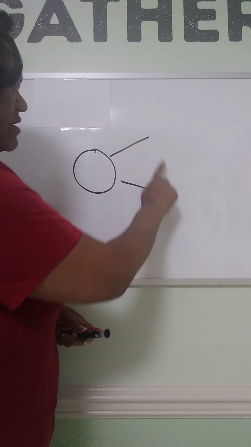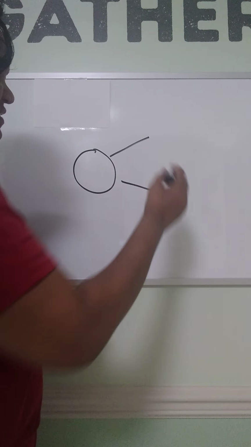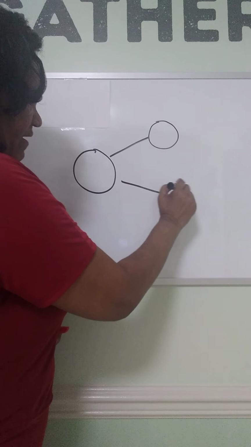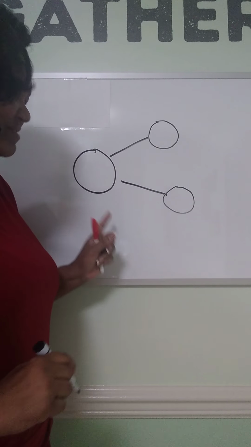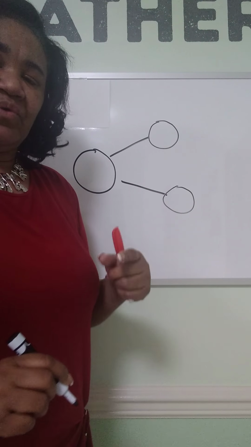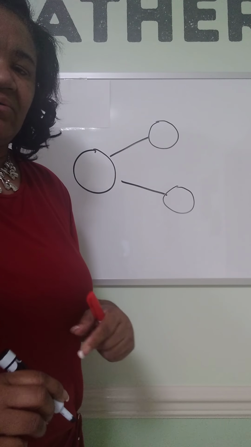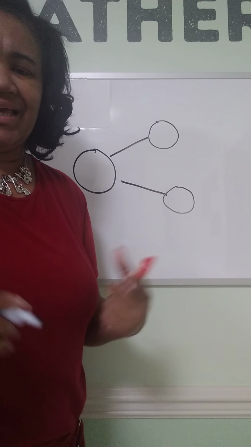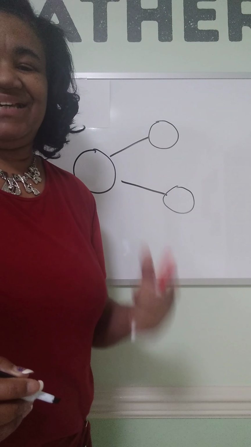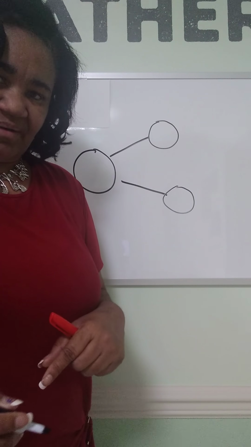The two part numbers go on the end circles. Okay? So this is our typical number bond. Today, though, we're going to talk about taking away numbers or taking away objects to get a different number.